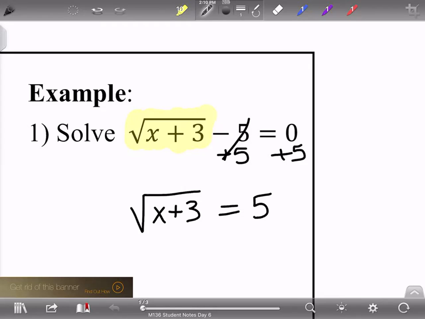For step number 2, we're going to square both sides of the equation. So we're going to square the left side and we're going to square the right side.